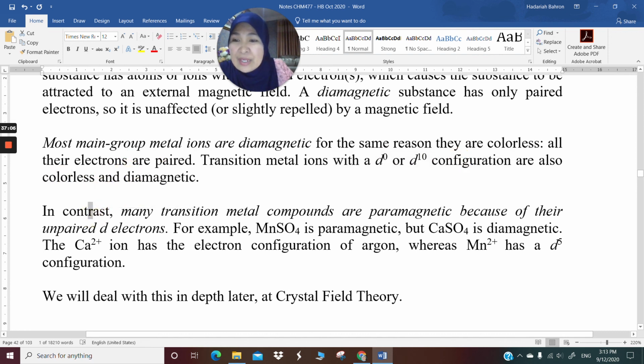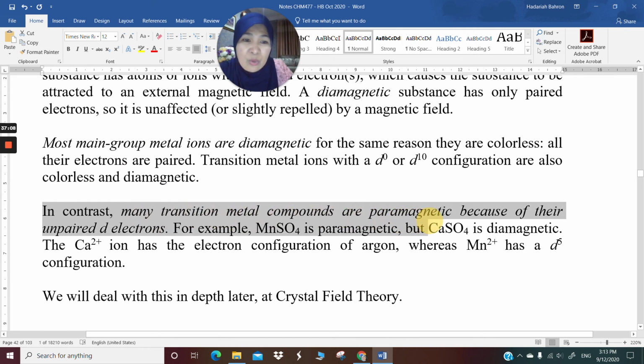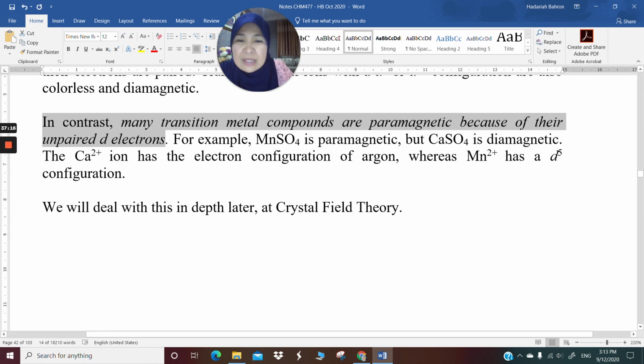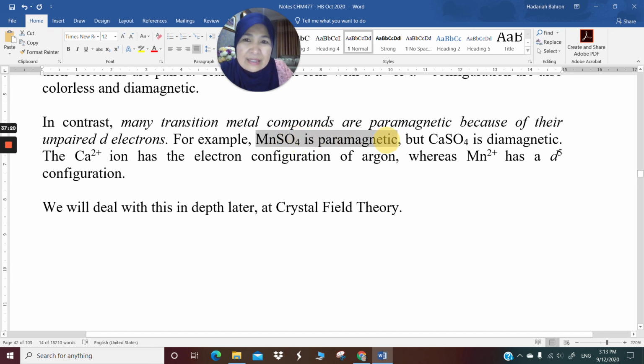In contrast, many transition metal compounds are paramagnetic because they possess unpaired d electrons. For example, manganese sulfate is paramagnetic. Manganese is a transition metal. Manganese sulfate has unpaired electrons.